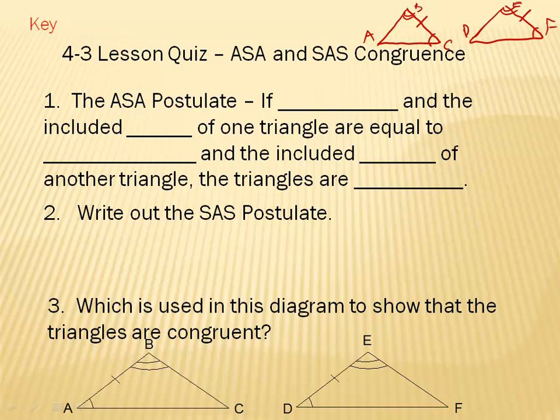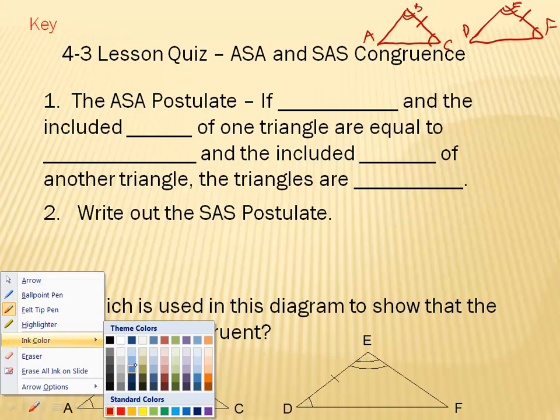So if we know that two angles and their included side are equal to two angles and the included side of another triangle that are corresponding to it, then we have enough information to know that we have congruent triangles.